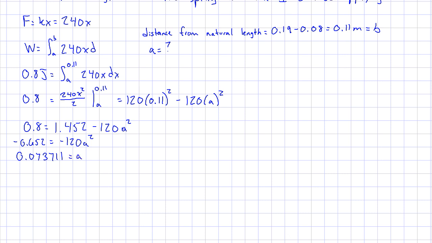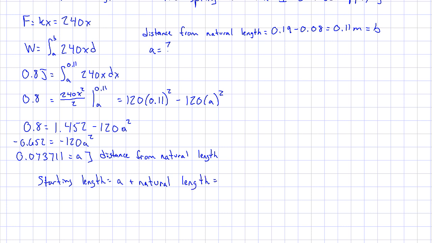Again, that is the distance from natural length. So in order to find the total length when I started applying work, I need to add the natural length. So the starting length is equal to A plus natural length.